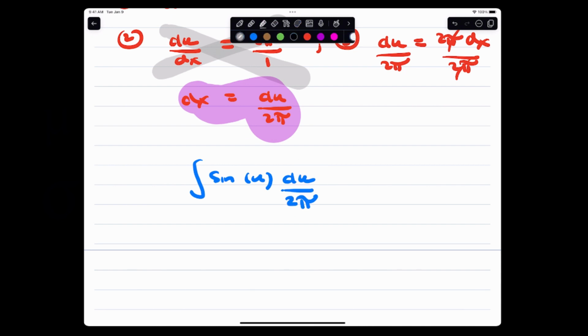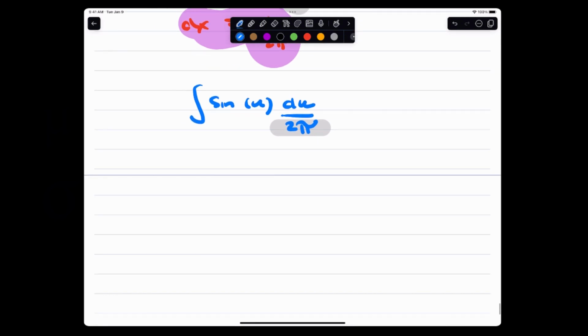So, ladies and gentlemen, don't forget, this is a constant. Is that right? So you can pull out your constants, meaning the constant is 1 over 2 pi, and you have to integrate the sine u du. So this is what we now integrate right in here.